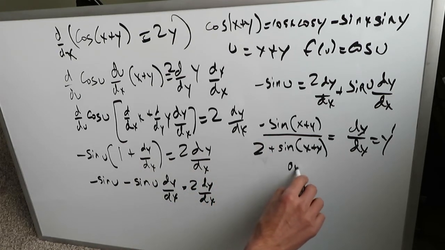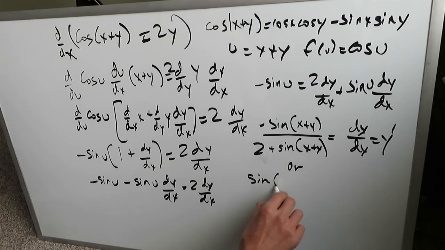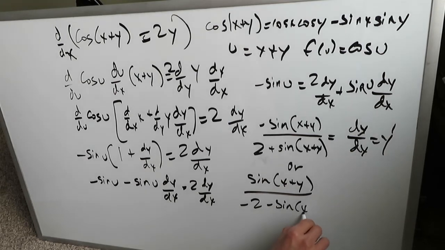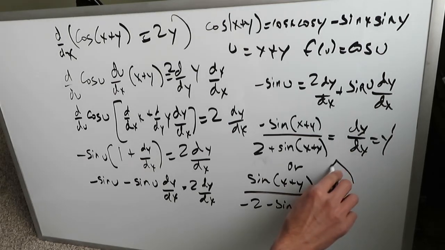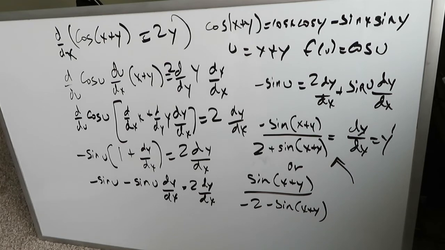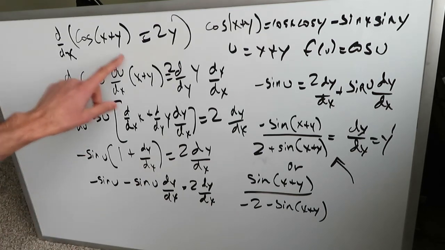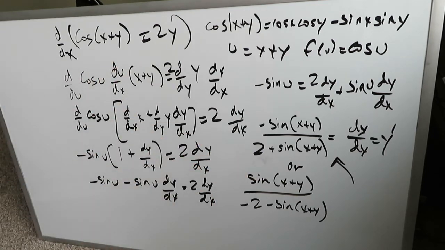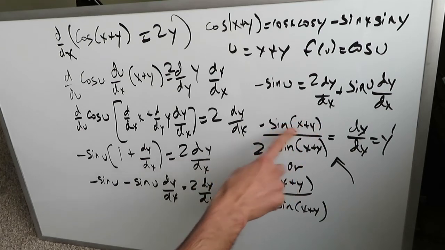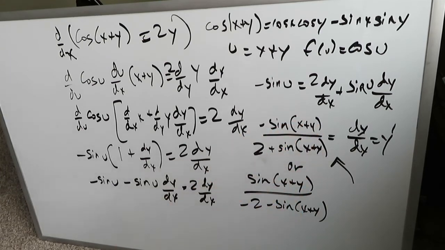Or you can say the other answer, sine of x plus y over minus 2 minus sine of x plus y. I think this is a better answer; you have a better presentation. And that is your implicitly derived derivative of this expression. You would roll with that: minus sine of x plus y divided by 2 plus sine of x plus y, and you're done.